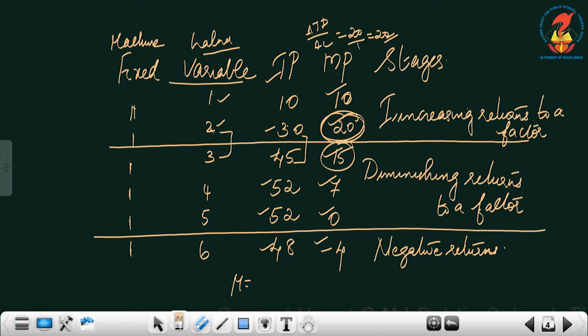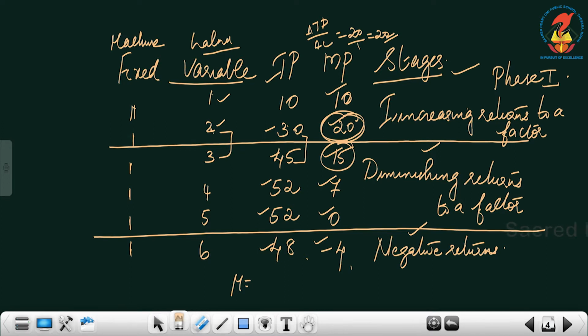So you know very well how to calculate marginal productivity. Based on the calculation of marginal productivity and the values of total productivity, we have divided this into 3 stages. Let us see the first stage, which we can consider as phase 1.